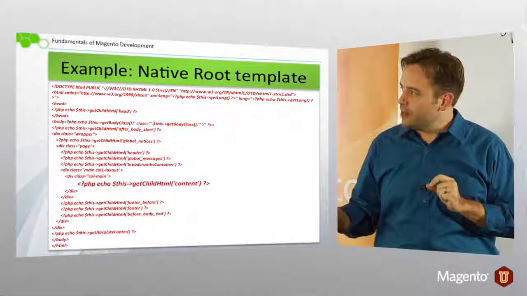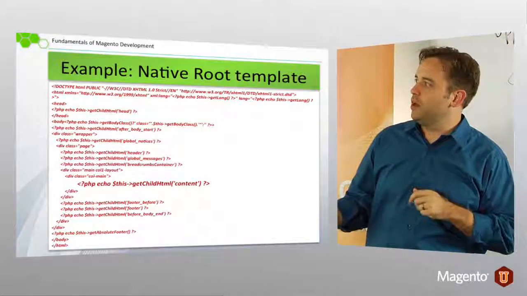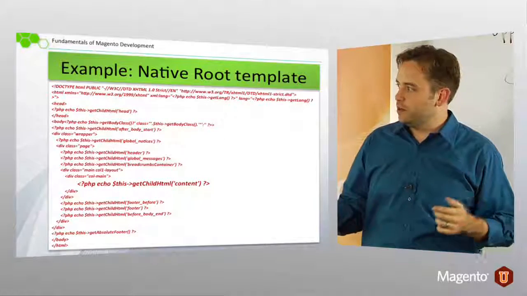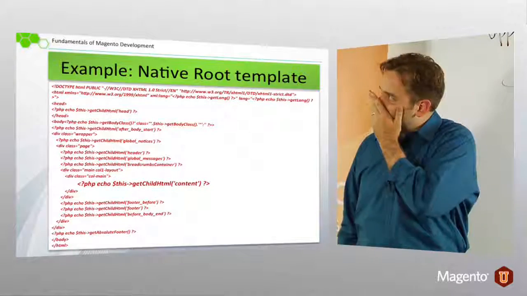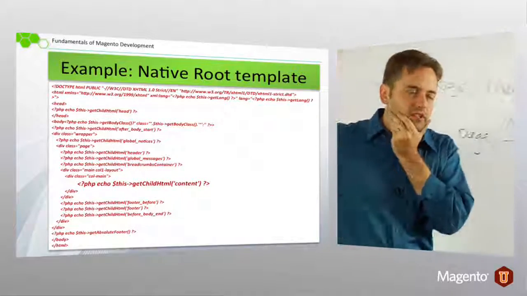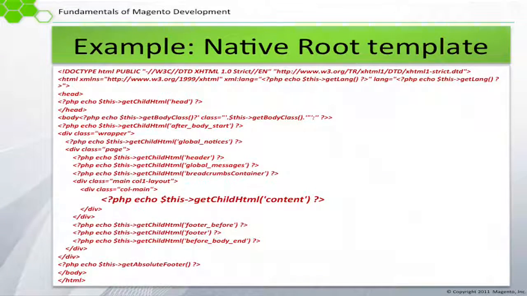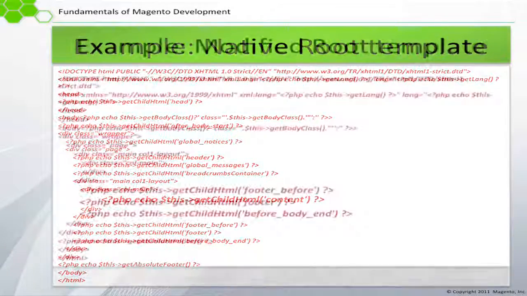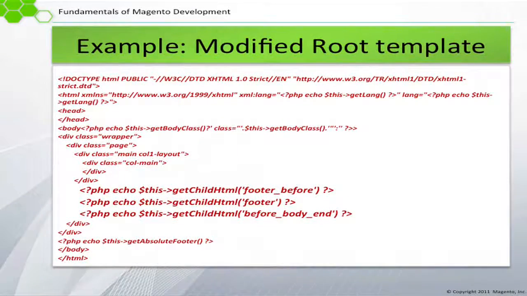And then down here we have some other ones. getChildHTML, global messages, header, content. Okay. So this is a PHTML file. This is what templates look like in Magento. Okay? This is another example of a template in Magento. Now, let's get a little tactile.